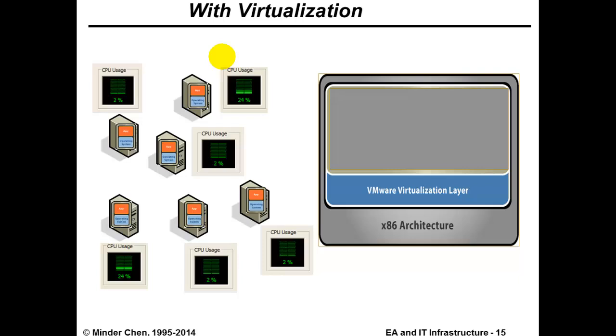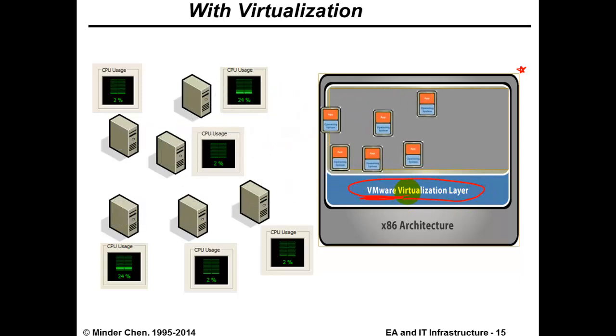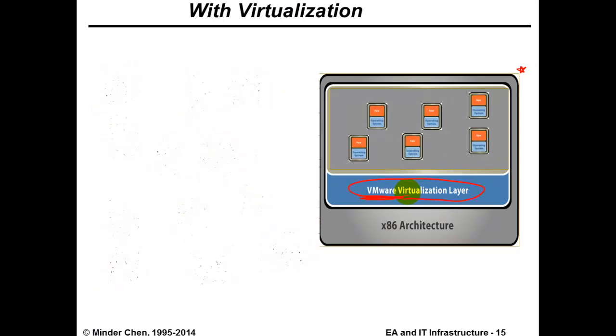If we instead have a more powerful server and use virtualization technology, VMware is one of the virtualization vendors. They provide a virtualized layer which allows us to run multiple servers on a single platform.